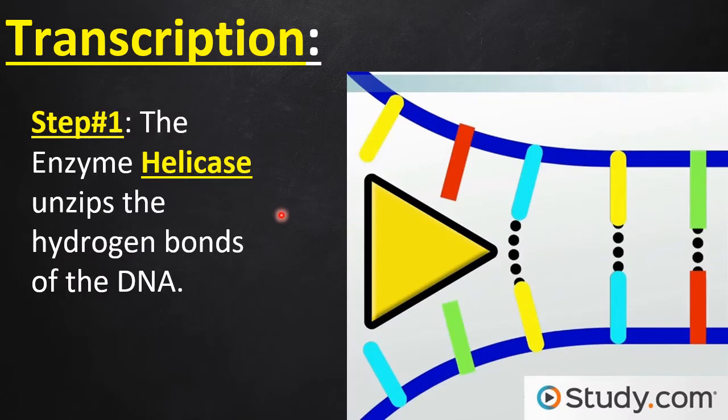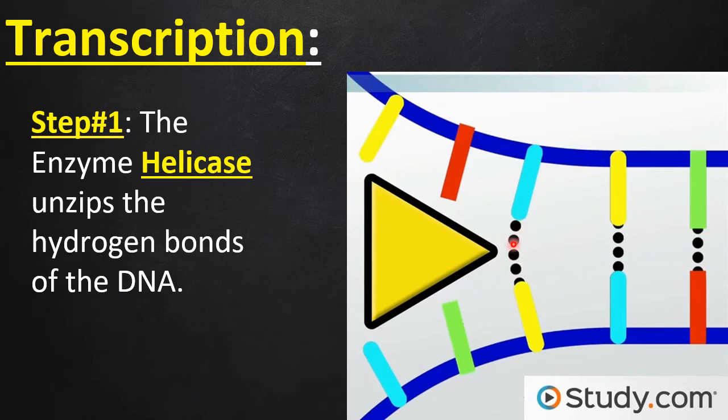During step 1 of transcription, the enzyme helicase unzips the hydrogen bonds of the DNA molecule. In this picture, we see helicase pictured as a yellow triangle. And here we have the double helix, with the blue line representing the sugar phosphate backbone on both sides of the DNA molecule, and the nitrogenous bases being represented by the blue, yellow, red, and green rectangles.